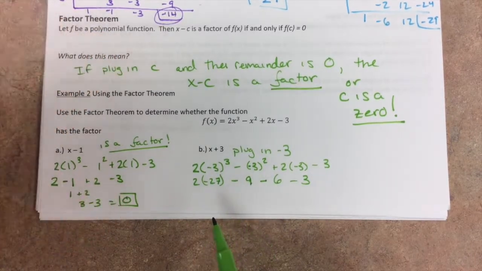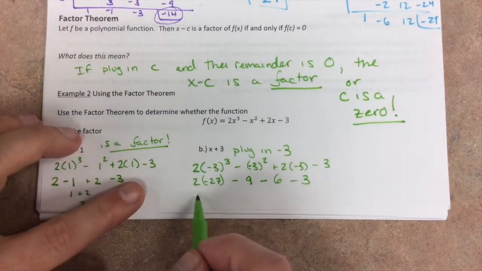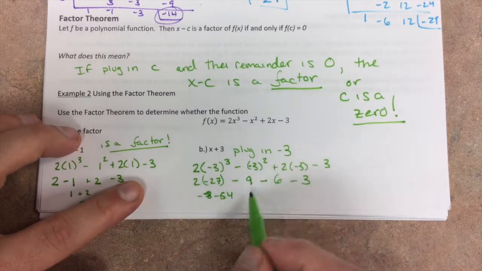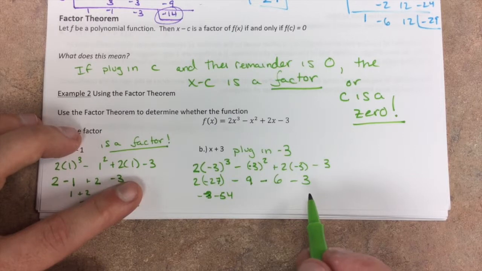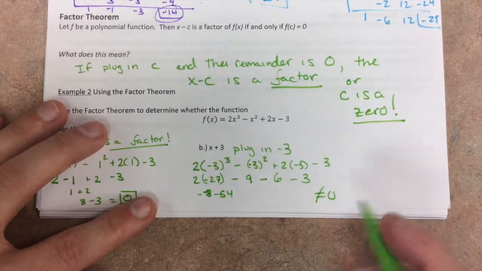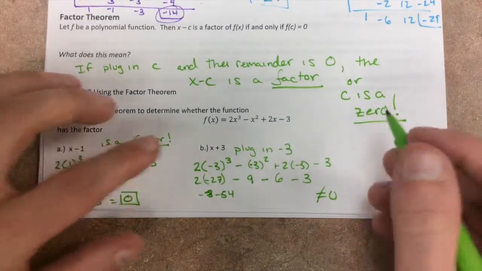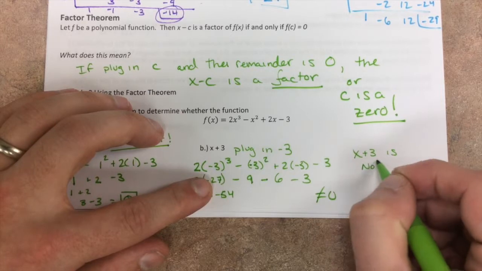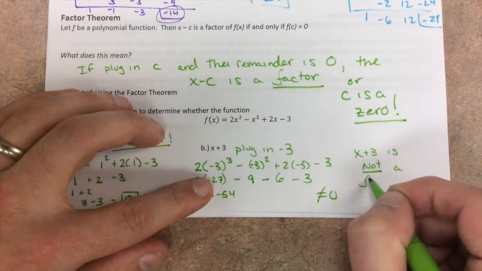I don't even have to go any further with this because that would be negative 54. A negative and a negative and a negative and a negative does not equal 0. So without having to work this out, by checking the factor theorem, x plus 3 is not a factor.